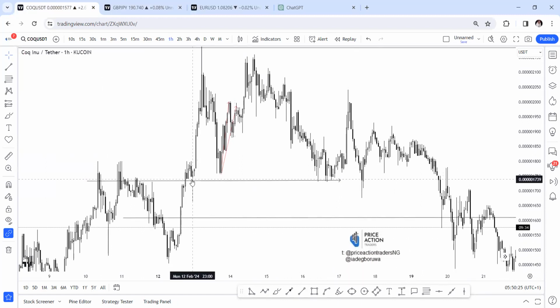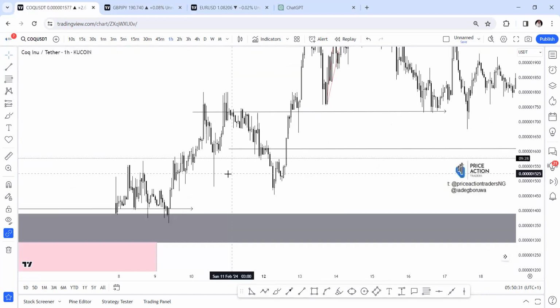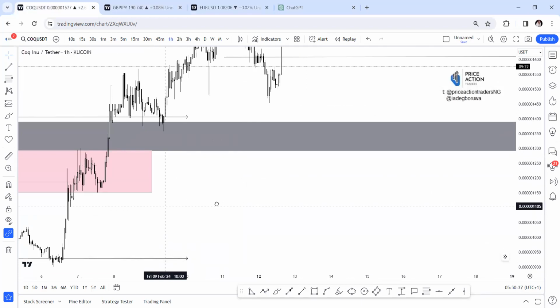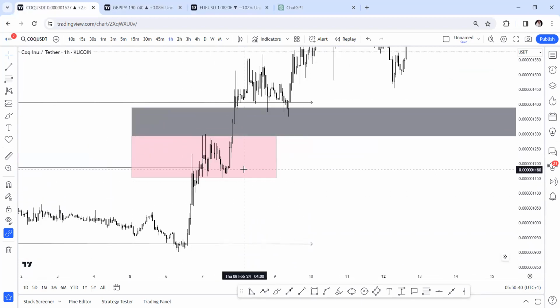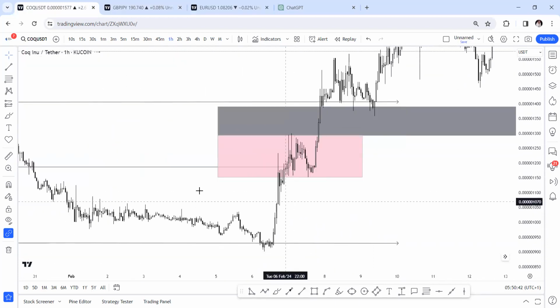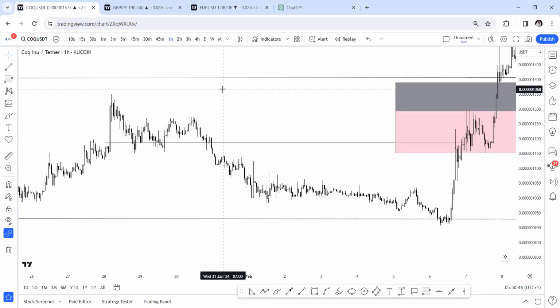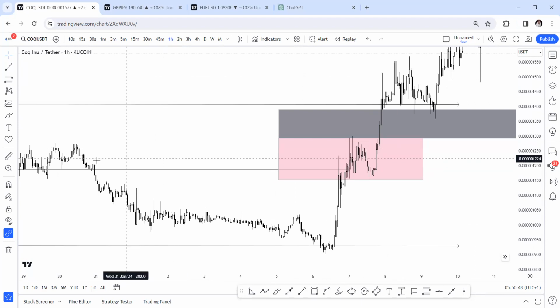Yeah, and you see this, for example, this is a cycle and price moves at this range. This is a cycle, price moves up, starts taking out the range. So it has helped a lot. It's a range, and it's taken out here.